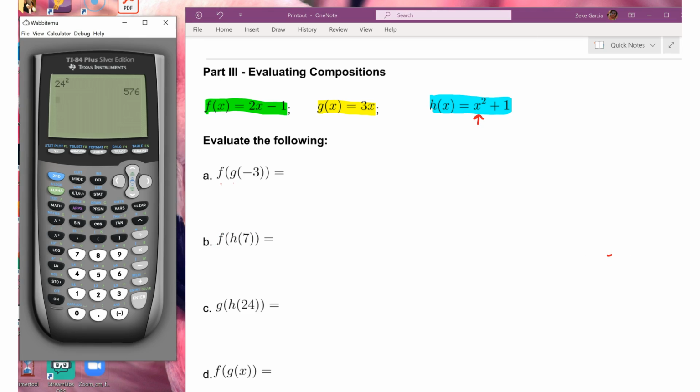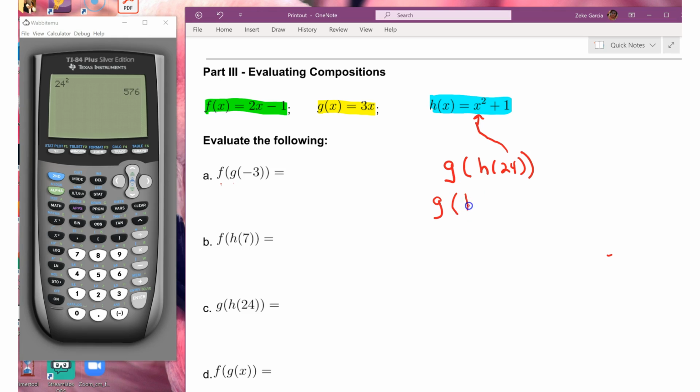For example C, we have g, and then we have h of 24. So now our input into h is 24. So I'm showing you the process.